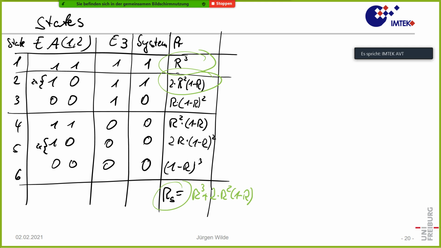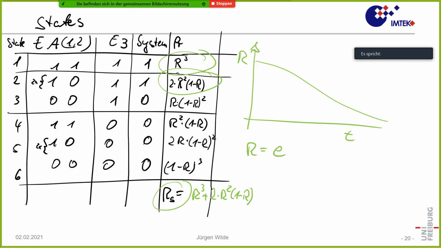And what we can do then is, of course, compute the reliability function of the system. It will be going down over t. And again, reliability is, in case it is an exponential function, yeah.